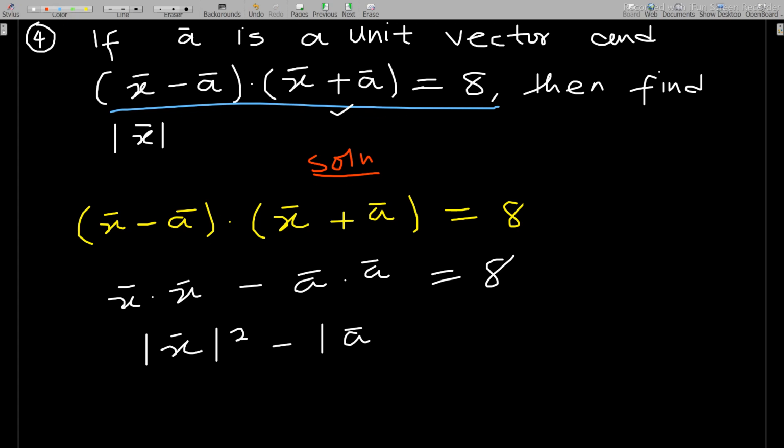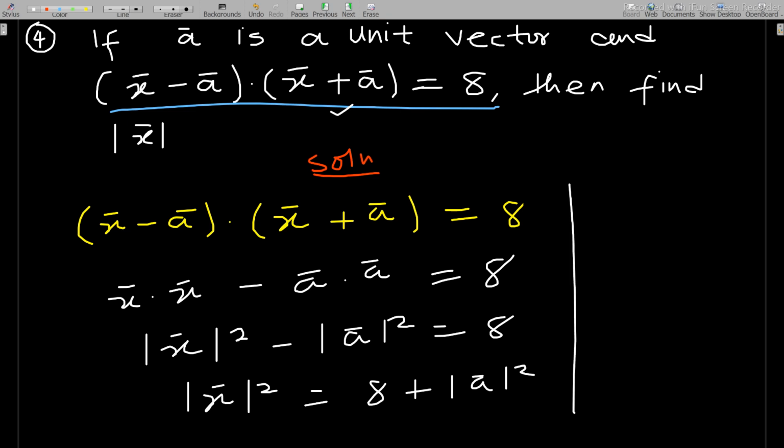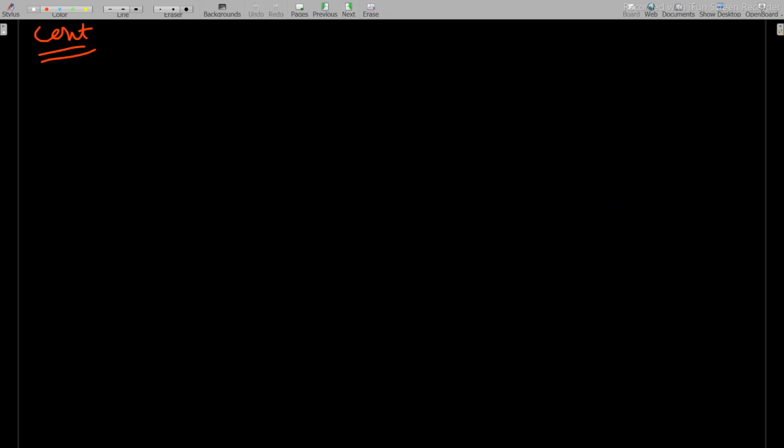This implies that the magnitude of x̅ squared is 8 plus 1 squared, which is 9. So the magnitude of x̅ is the square root of 9, which is 3. It's supposed to be plus or minus 3, but we are interested in the magnitude, the actual number. So take note of that.